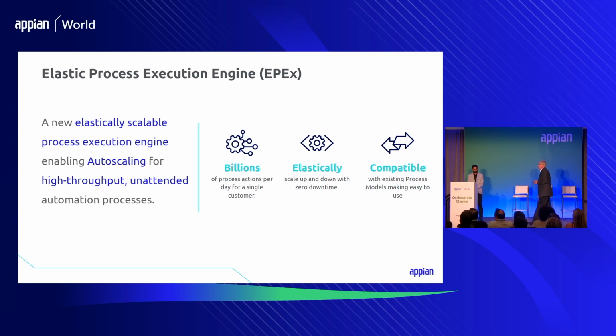Autoscaling for process execution is powered by a new elastically scalable process engine that we refer to as EPEX. And this is where I kind of poke fun at us. We want to position this as autoscaling for process execution, but EPEX just sounds cool and sounds sexy, so the marketing people like to use that term a lot, much to my chagrin.